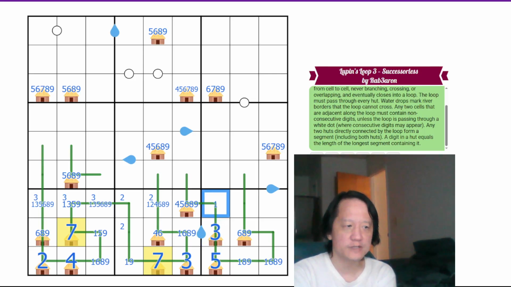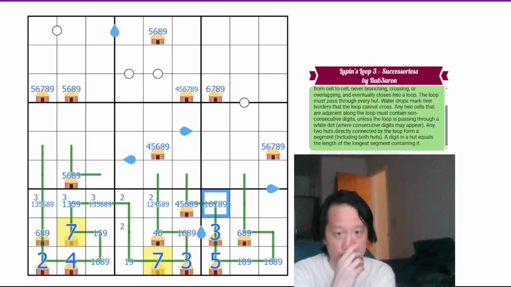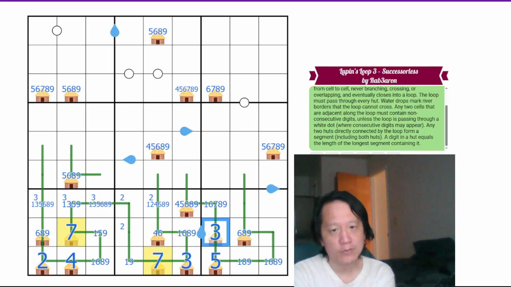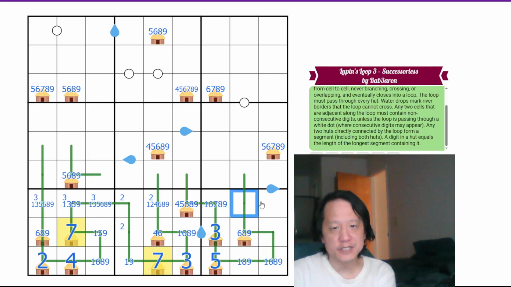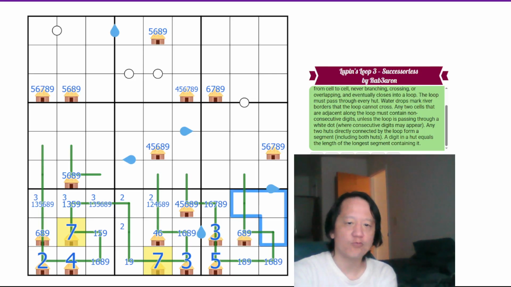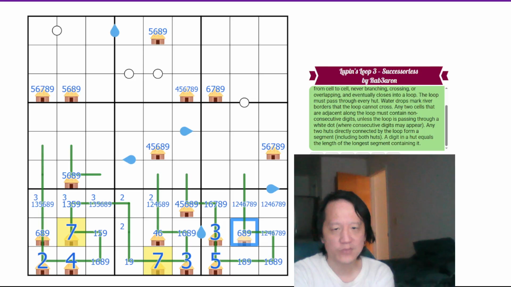So we have 1, 6, 7, 8, and 9 available there. Remaining digits in this box, we have 1, 2, 4, 6, 7, 8, 9. Unfortunately, that's still pretty wide open.